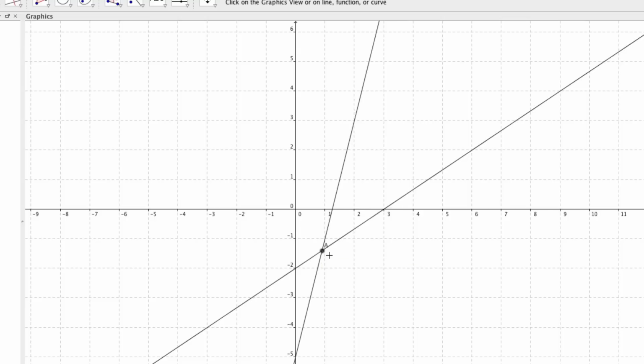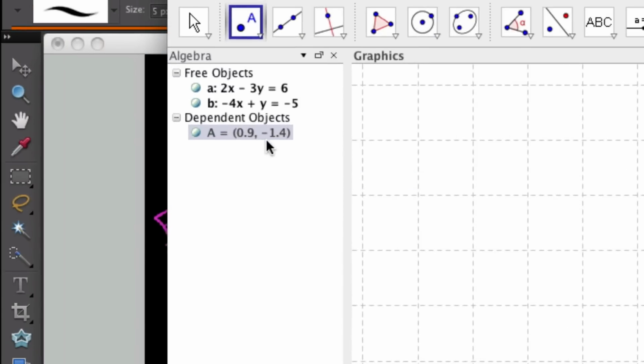And so in this case, it seems that I've come up with a couple of equations that weren't very pretty, which is not really what I wanted to do. But basically, this is the method for solving a system of equations. One method is the graphing method, which would be to graph them both and to look for this point. And it seems in this case, if you look up over here, the point would be 9/10, comma, negative 1 4/10, which we will be able to find once we start exploring algebraic methods for solving this system.